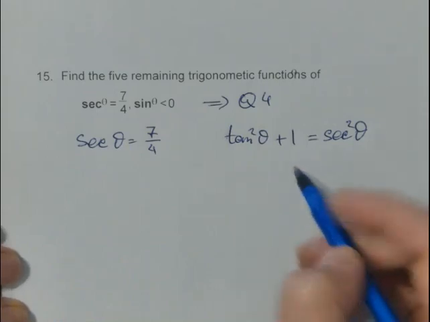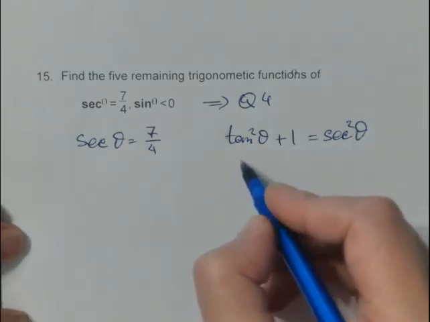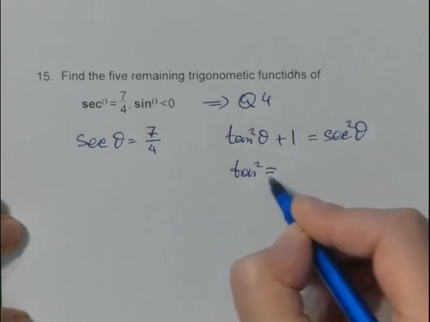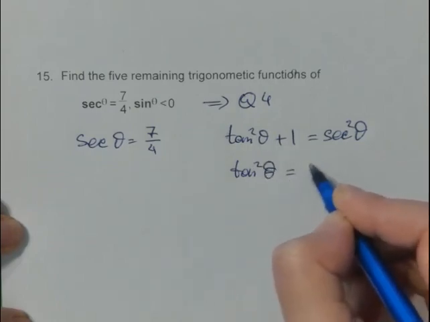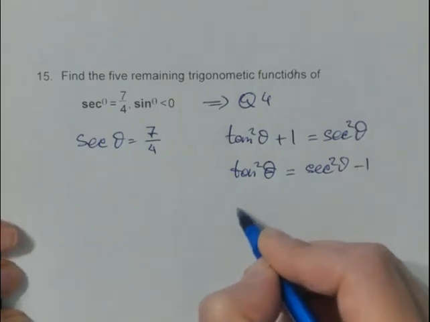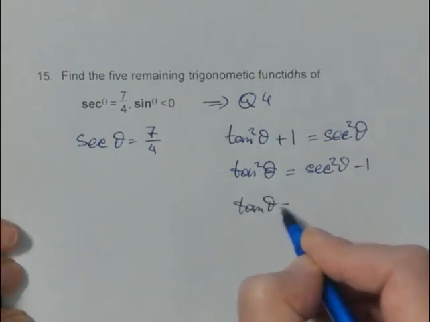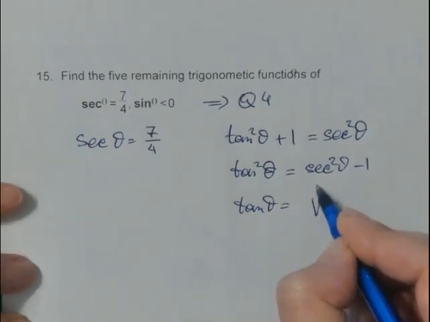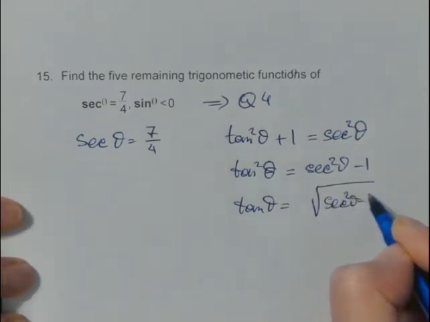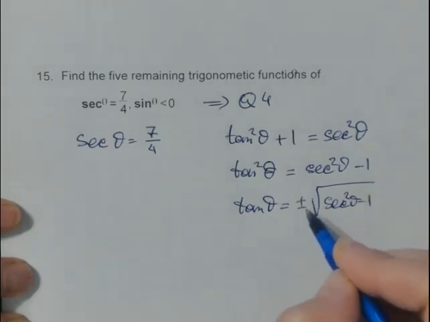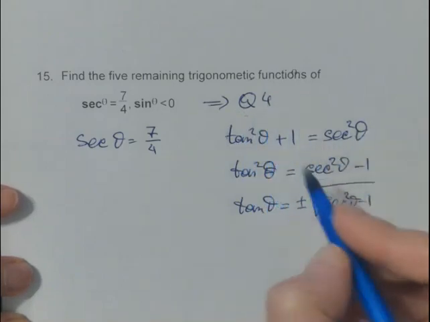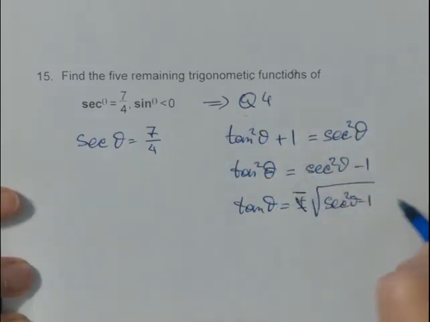Now we can solve this equation. Let us subtract 1. Tangent squared theta equals secant squared theta minus 1. So tangent theta will be equal to plus or minus the square root of secant squared minus 1, and according to quadrant 4, we choose minus.